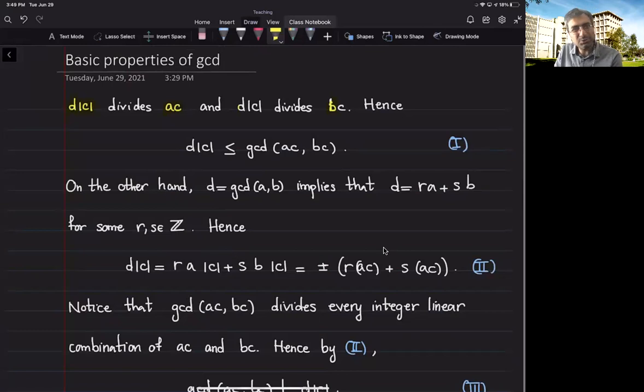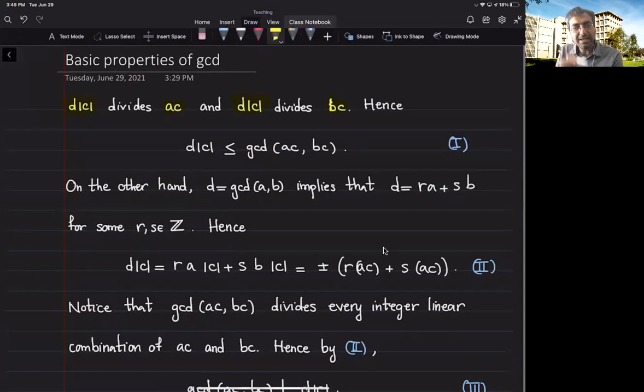Negative DC is going to also divide AC. So in either case, D times absolute value of C divides AC. Similarly, D times absolute value of C divides BC. So this integer is a positive common divisor of AC and BC.